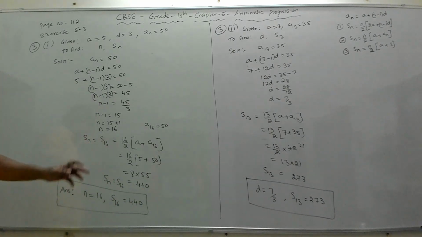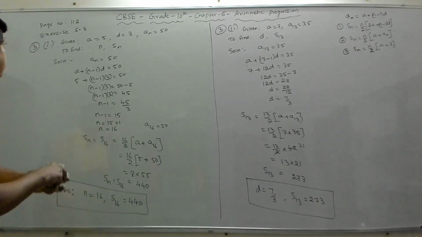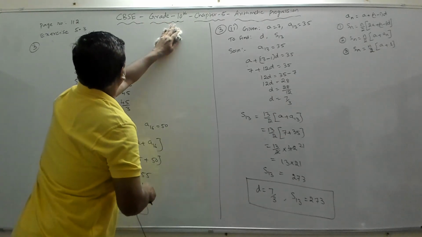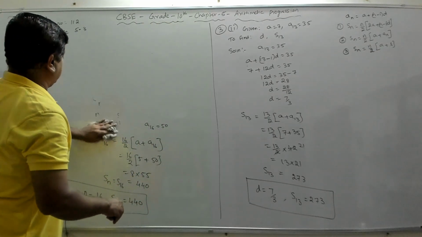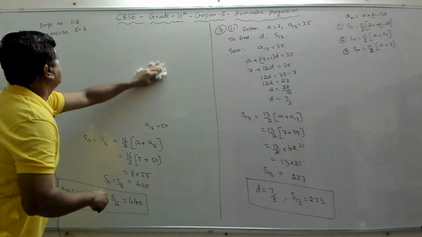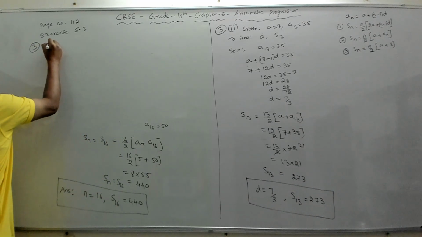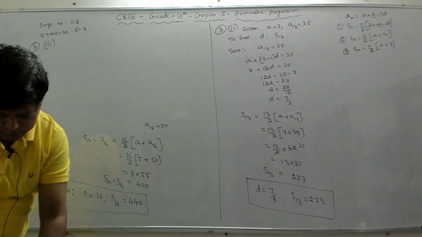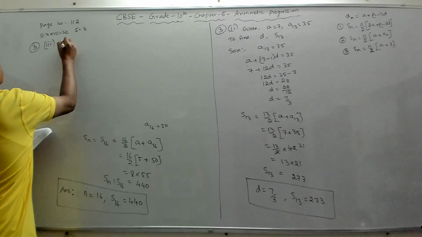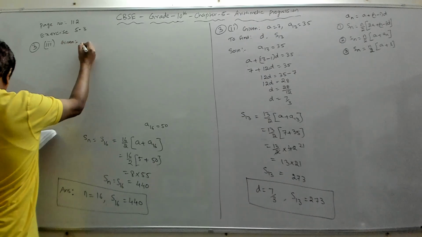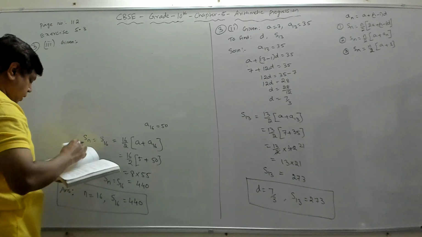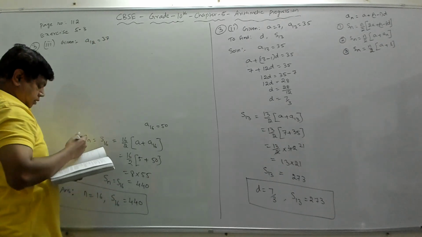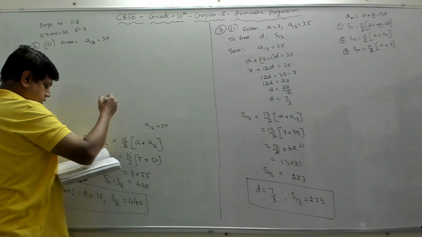Fine. Now let's go to the next problem. I'll erase this. Third problem, third subdivision. It is given that A12 equal to 37, D is equal to 3.